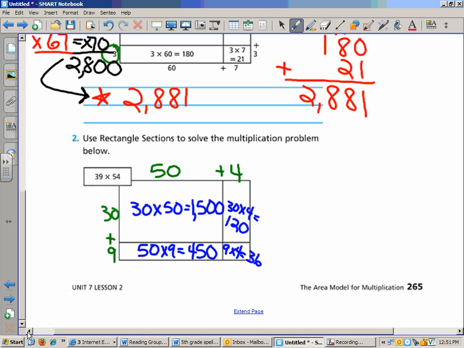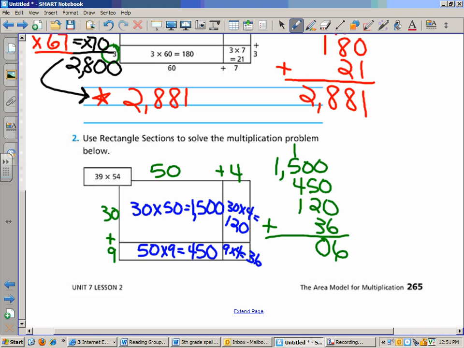Making sure now that I take all 4 of those products, and especially with addition, that I'm lining up my place value so that I add correctly. I have 6, 2 and 3 is 5, plus 5 is 10 tens, so I have 100 and 0 tens left. 1 and 5 is 6, 6 and 4 is 10 hundreds, plus another one is 11 hundreds.